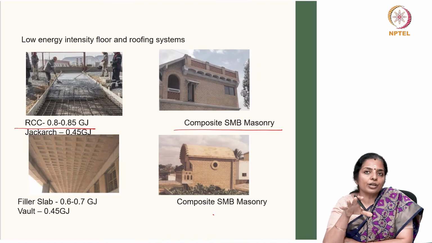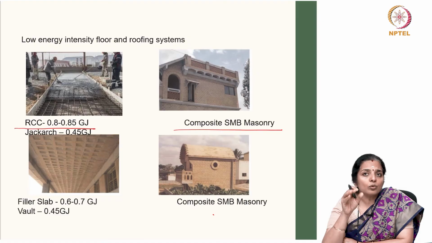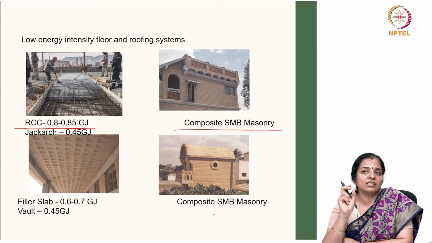This shows 40 to 50% reduction in embodied energy when compared with RCC slab. Now, the use of stabilized mud block filler slab results in 20 to 25% savings in embodied energy when compared to the energy in RC slab.